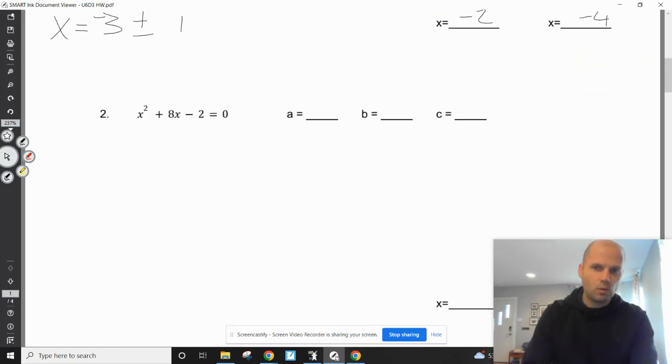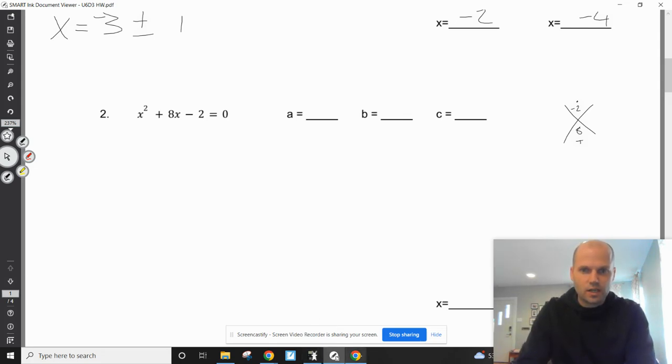But it's the ones that we can't solve by factoring. Like, are there two numbers that multiply to get negative 2 and add to get 8? I mean, there are. But you don't say no solutions, actually. Your solutions are potentially going to be decimals.